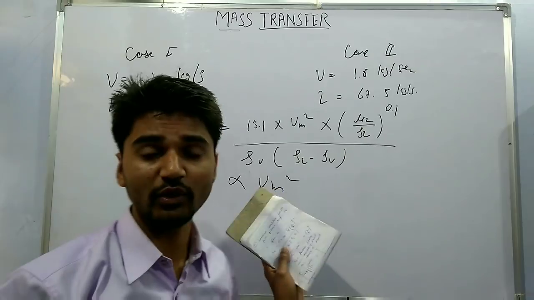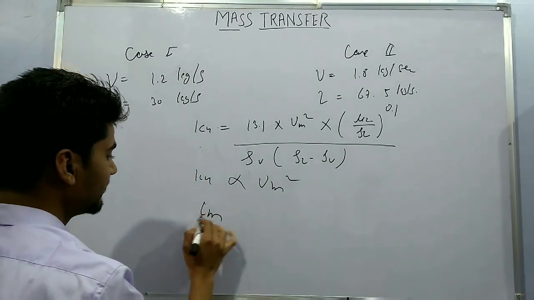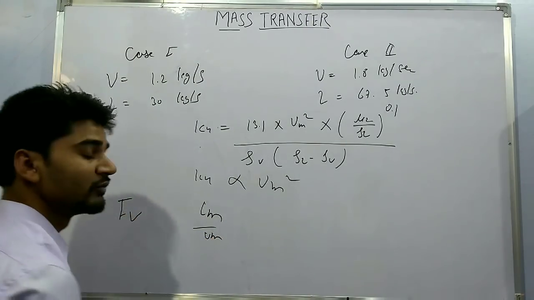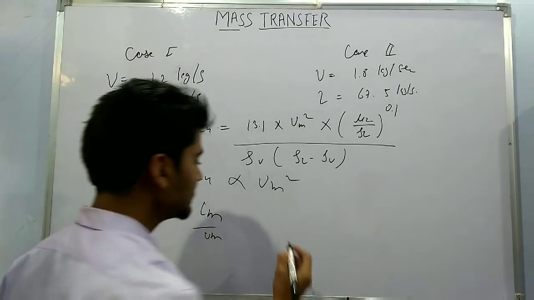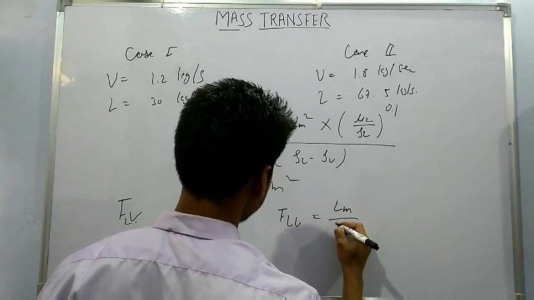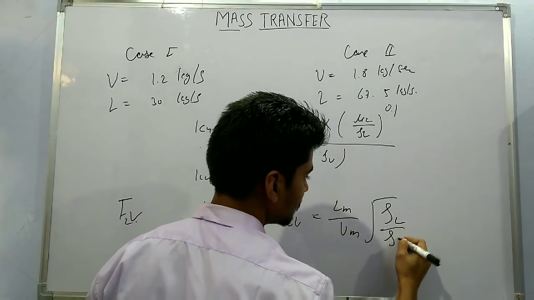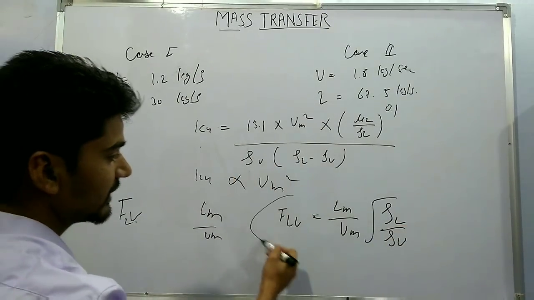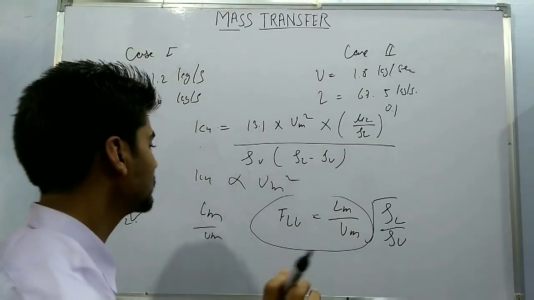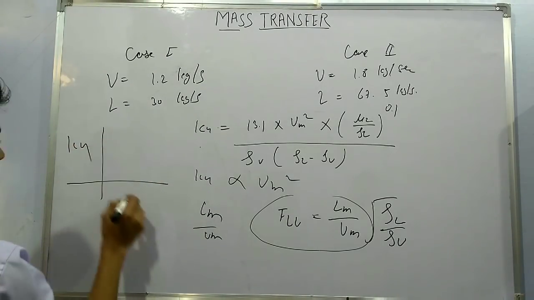Now K4 also depends on some other parameters like liquid flow rate per unit area and vapor flow rate per unit area, with the flow parameter. The relation given is, flow parameter FLV equals the ratio of liquid flow rate to vapor flow rate, times the root of vapor density to liquid density. So we can see the flow parameter depends on the ratio of liquid flow rate to vapor flow rate, and also there is a relation between flow parameter and K4.